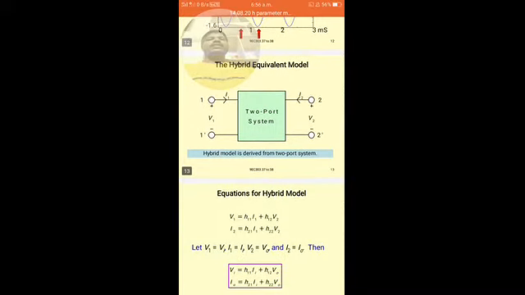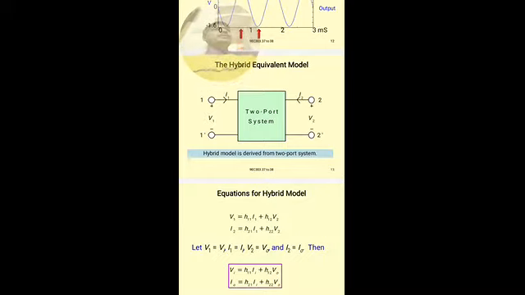So, the hybrid equivalent model. The transistor is represented in a hybrid equivalent circuit so that we can do mathematical analysis for calculating the gain and bandwidth requirements when designing the amplifier.